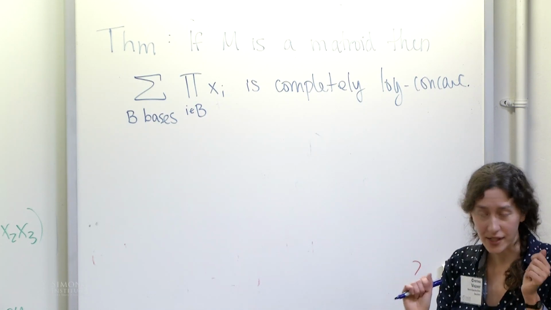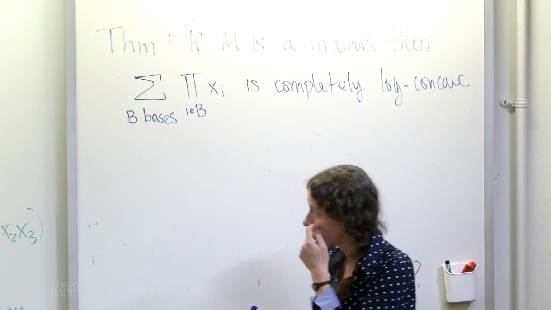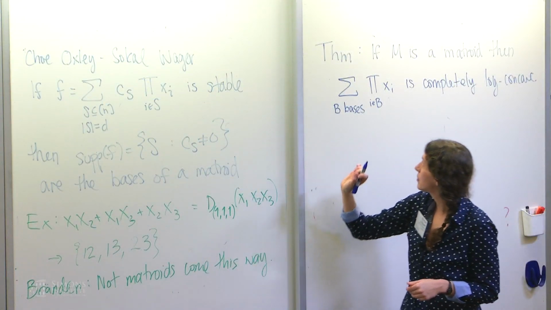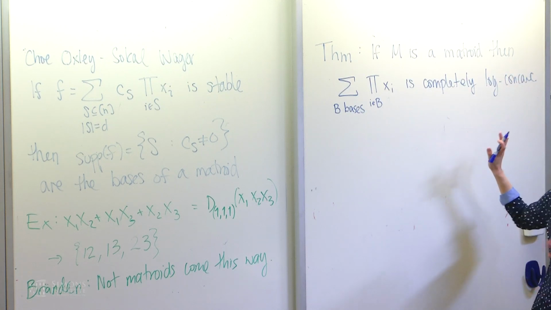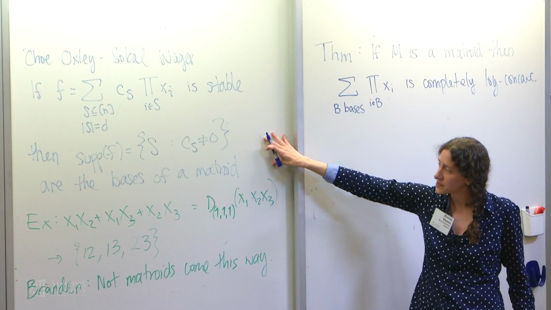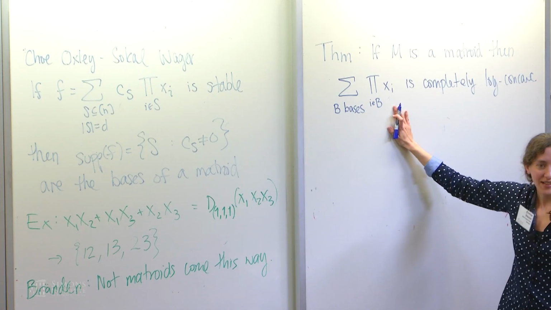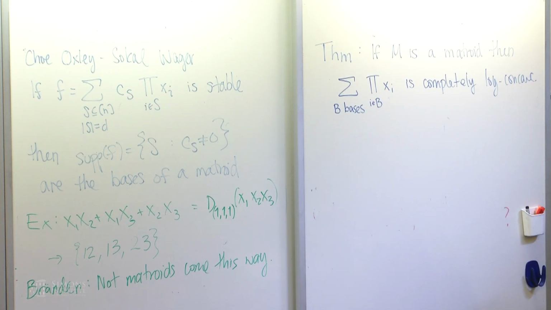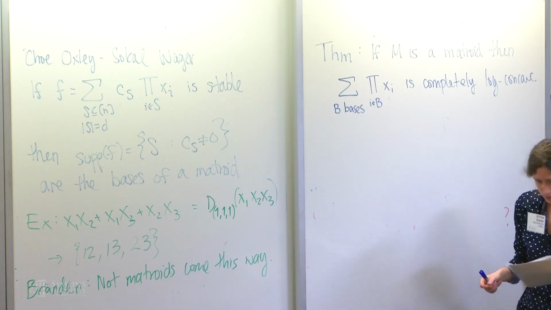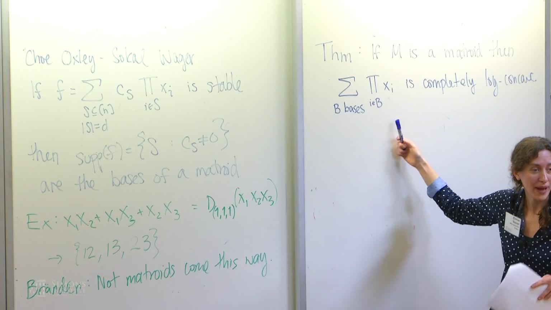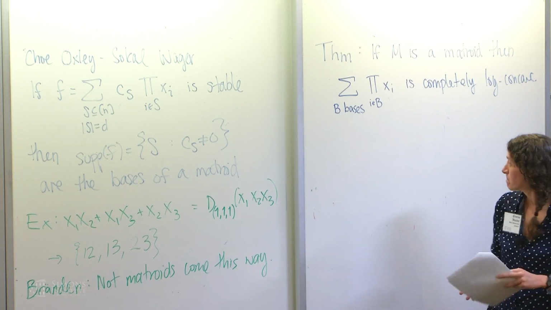And so this really captures, so not only is the analog of this statement true, if you have any coefficients that make your polynomial completely log-concave or Lorentzian, then its support are the bases of some matroid, but you can take the coefficients all to be 1. And so this is one of the nice sort of polynomials on the boundary that we saw in this open set.